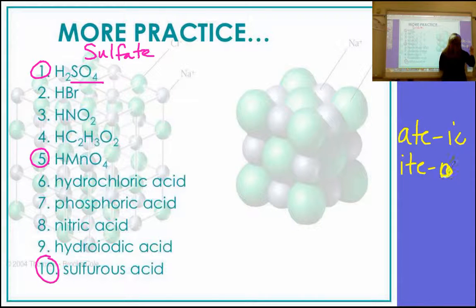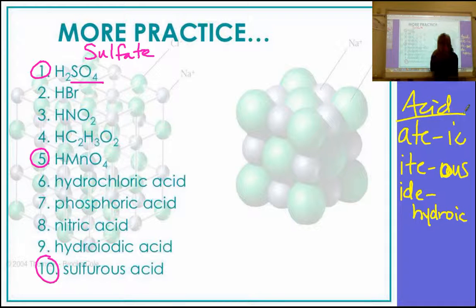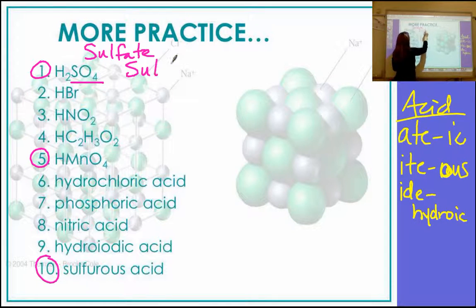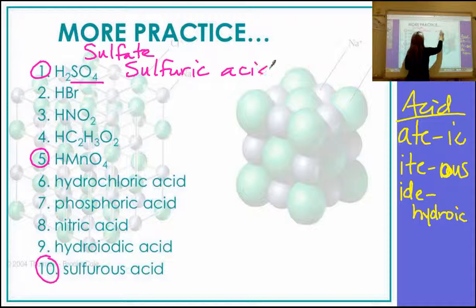Ite, -ous. That leaves -ide, hydro-ic. So when it ends in -ate, like sulfate, I change that to sulfuric acid. Ate goes to -ic.